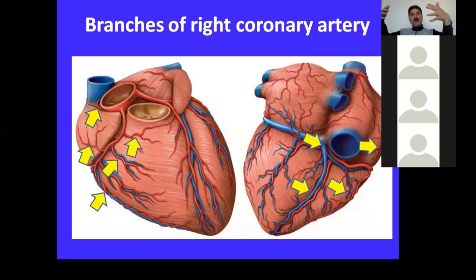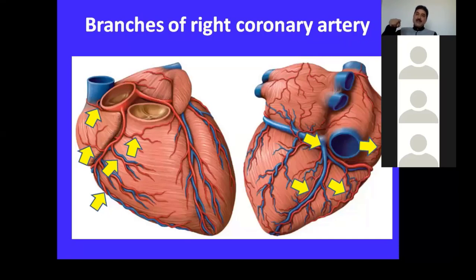So anteriorly we have branches which enter the septum from left anterior descending coronary artery. We call them septal branches from left anterior descending coronary. So that supplies anterior 2/3 of the septum. From the posterior aspect, we have the interventricular sulcus.